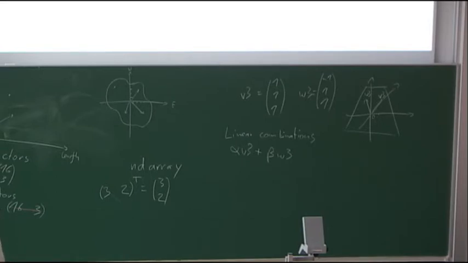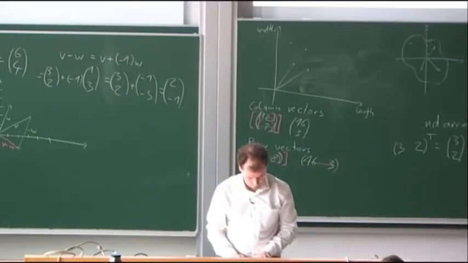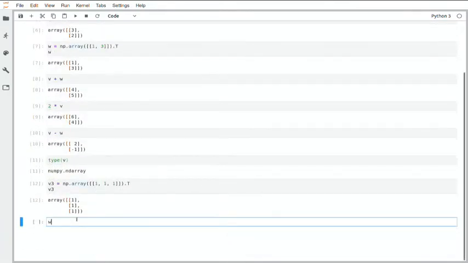Okay, so if you want to specify a three-dimensional array, I really recommend you to start with the row vector and then transpose it to get a column vector, right? So V3 is np.array 1, 1, 1 dot transpose. So V3 is this, and W3 is np.array negative 1, 1, 1 dot transpose.